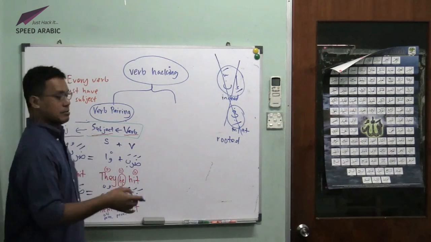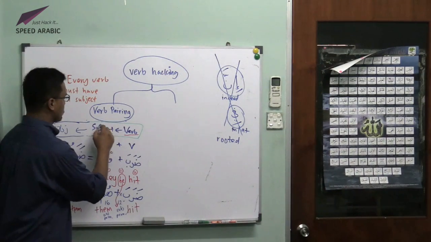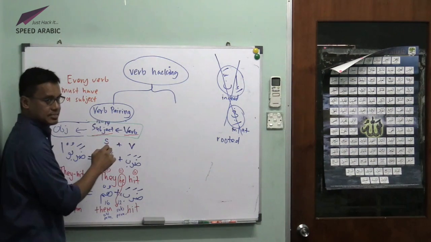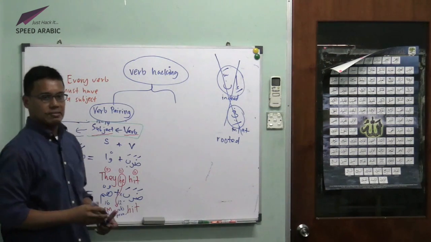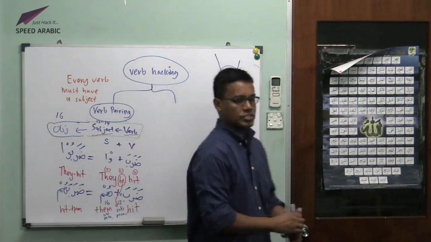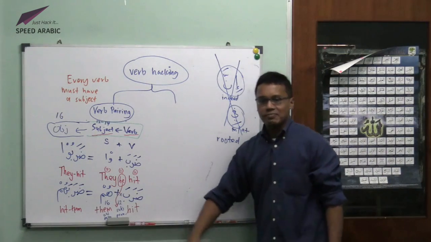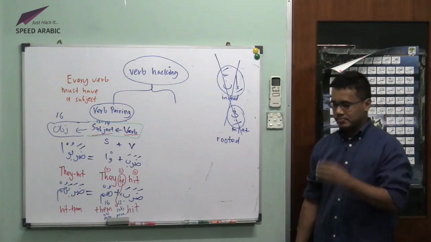By looking at columns 12 to 14 for all the tenses, and column 16 for the objects. Column 16 for the objects. Okay. I will give another example before we go to the next point.